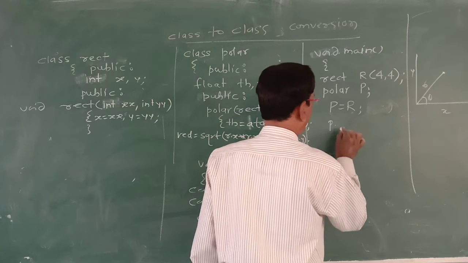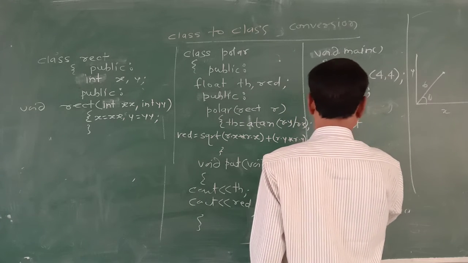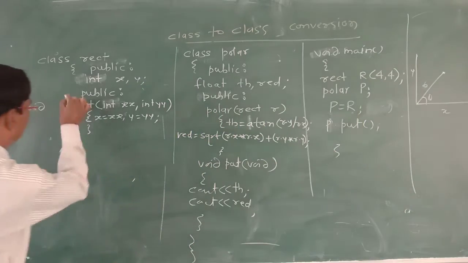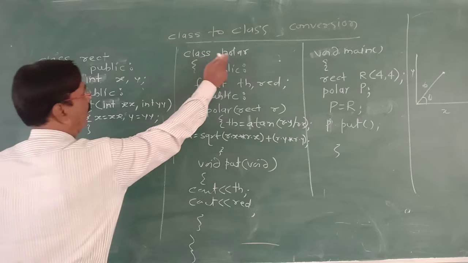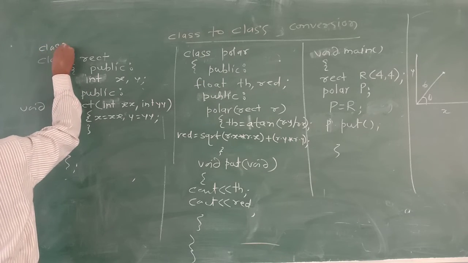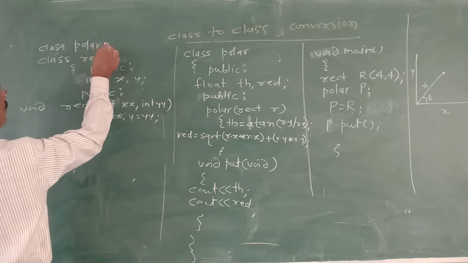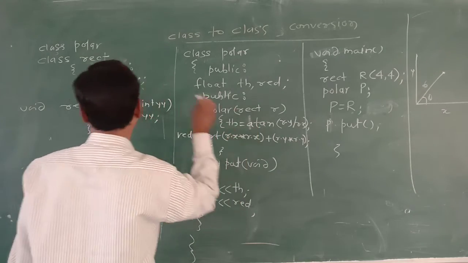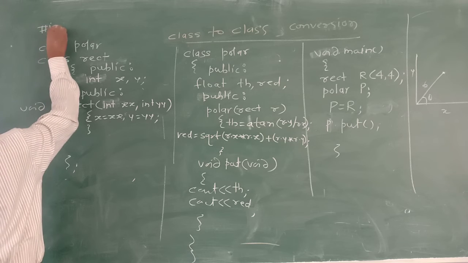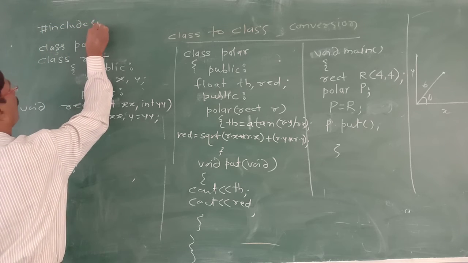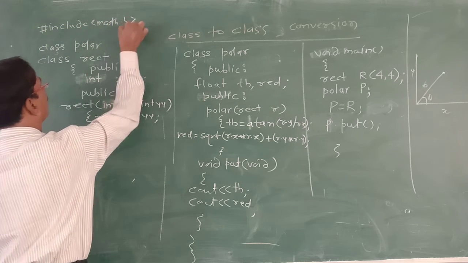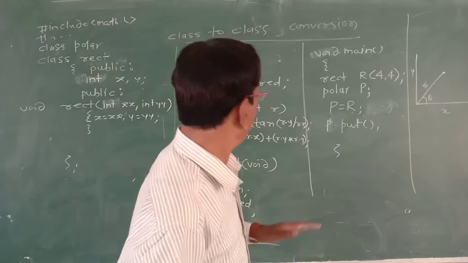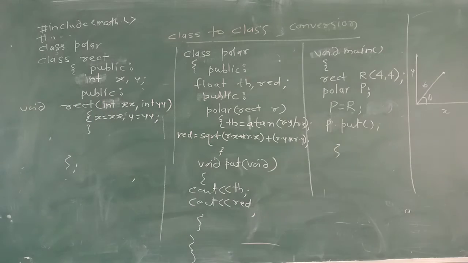So P dot put will display theta and radius. Here a forward declaration of class polar will be there. And as we are using SQRT and atan, the math header must be included, and there must be hash include iostream.h. So this can take place.